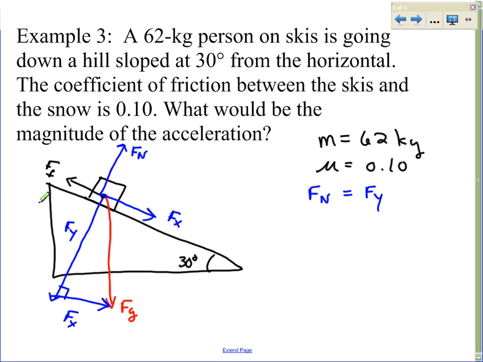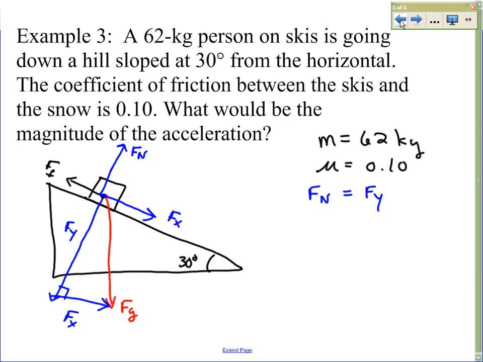So my first step will be, let's find F of x and F of y. Remember, this angle is the same as your inclined plane. So my sine of 30 degrees equals F of x over, oh, I haven't figured out weight. So I'm going to move that down. Let's figure out weight.